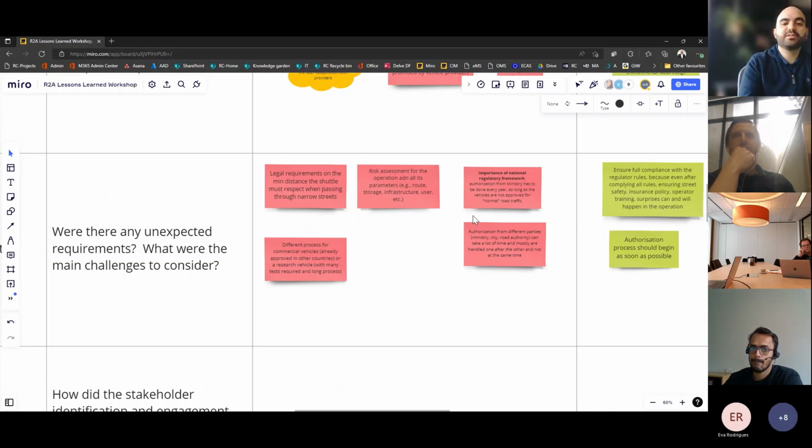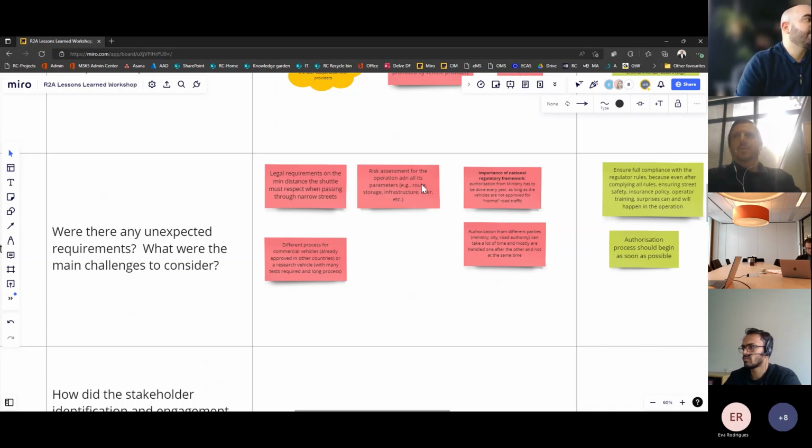This connects with what we just mentioned about having that measurement at hand when going through the route definition, but also the vehicle and operator procurement process. Also, when doing the risk assessment for the operation, all of the different parameters need to be considered: the route, the infrastructure, the users, etc.